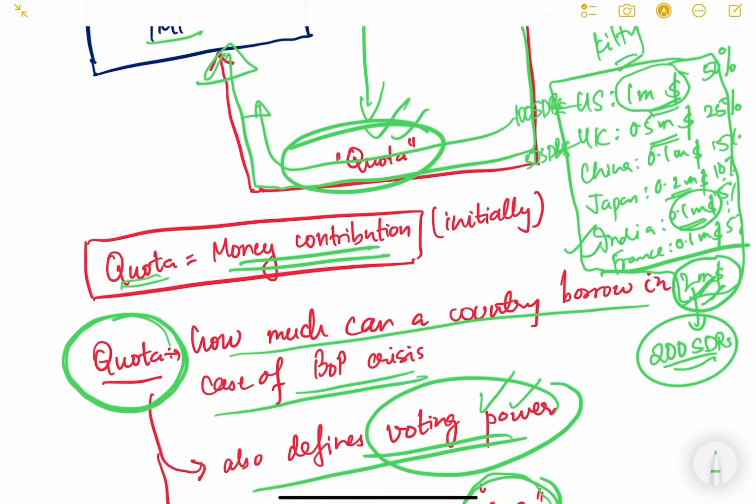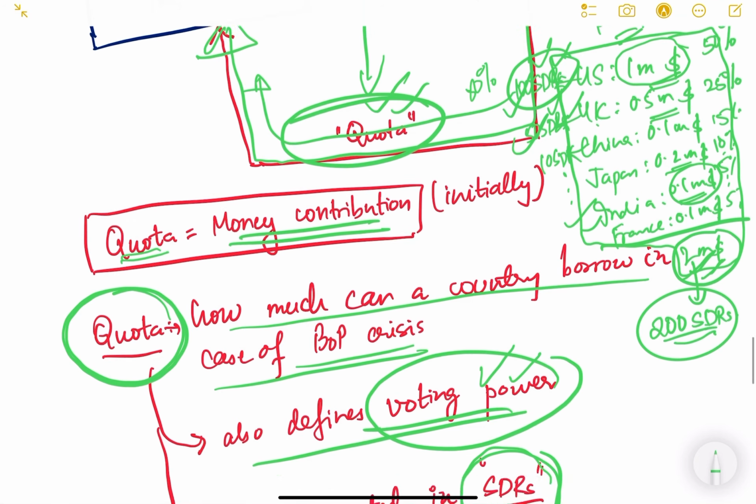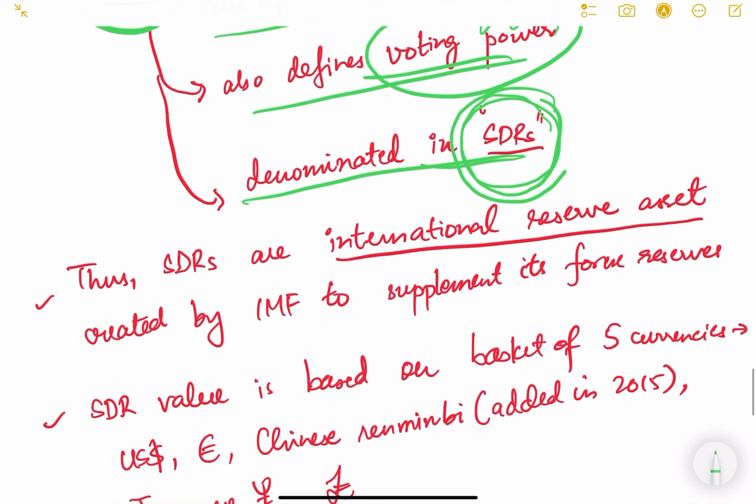So $1 million means 100 SDRs. So 100 SDRs meaning 50% quota, right? So these quotas were denominated in terms of SDR. So US has 100 SDRs, UK has 50 SDRs, right? Likewise, China will have 10 SDRs, something like that. Okay, it will go on like this. So these are denominated in SDRs.